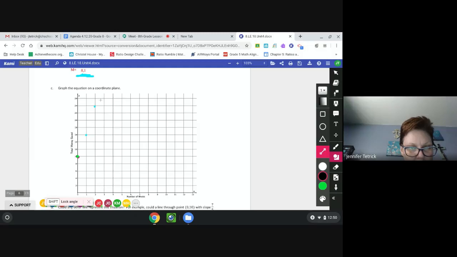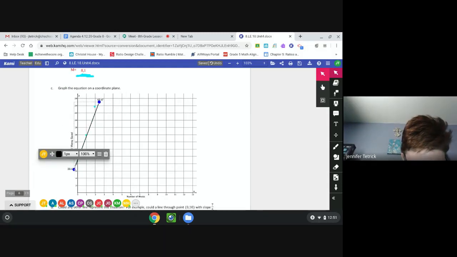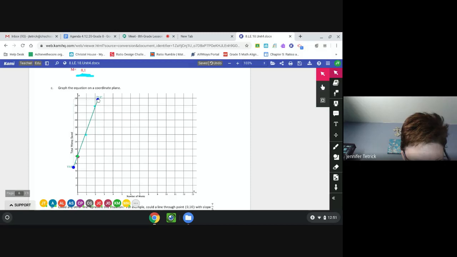Based off of this graph, just looking at the graph, how much am I making each week? Type it somewhere over here. We know I made a total of 24 altogether. Our graph supports that because it goes right up to the 24. So for every 1 week, I make how much?